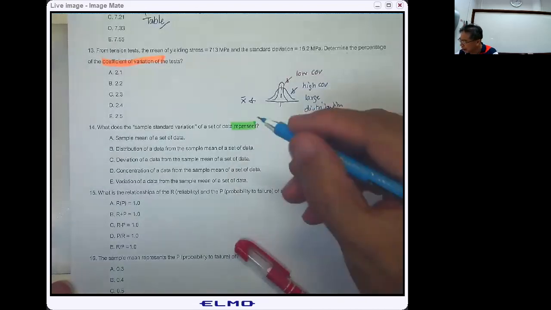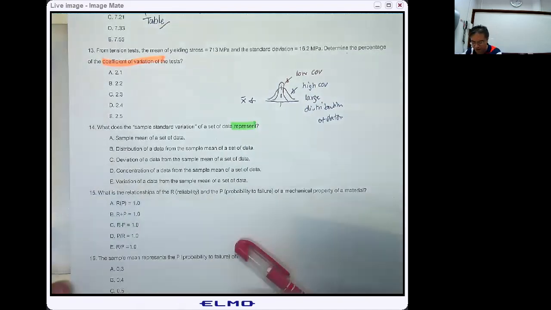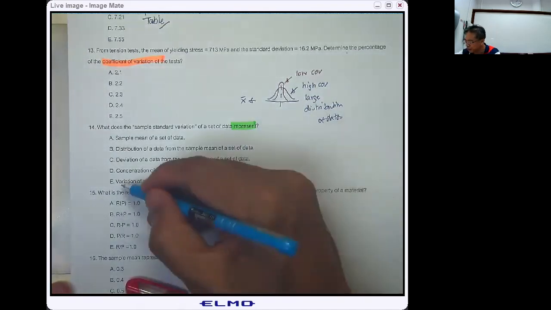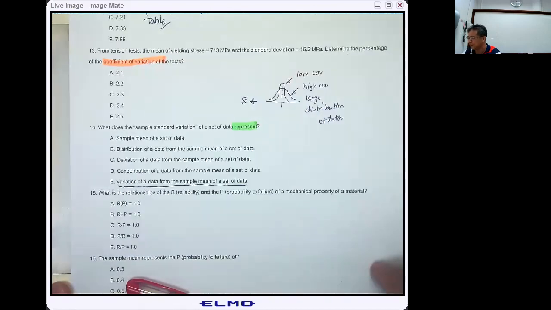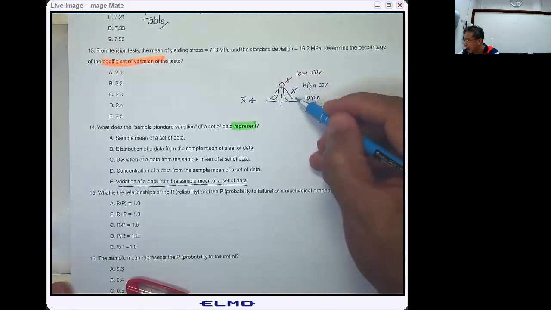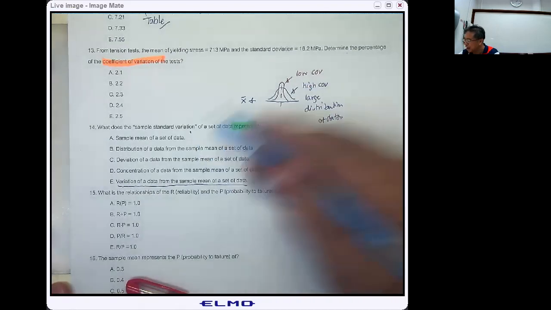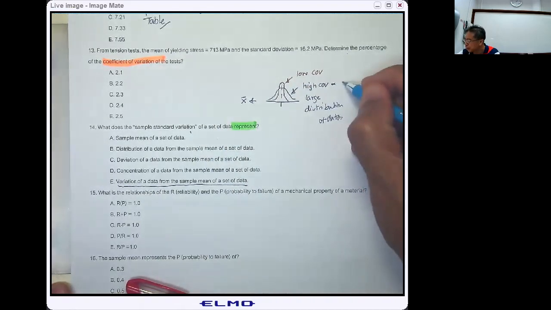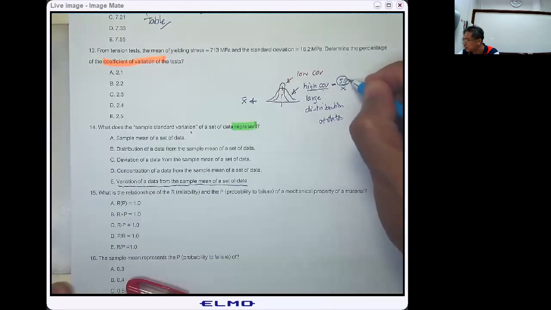Okay, so the sample standard deviation will show us the distribution of the data. That is going to be the variation of the data from the sample mean. If you get a larger standard deviation, that means you're going to get a larger coefficient of variation, since the coefficient of variation and the standard deviation are proportional to each other.